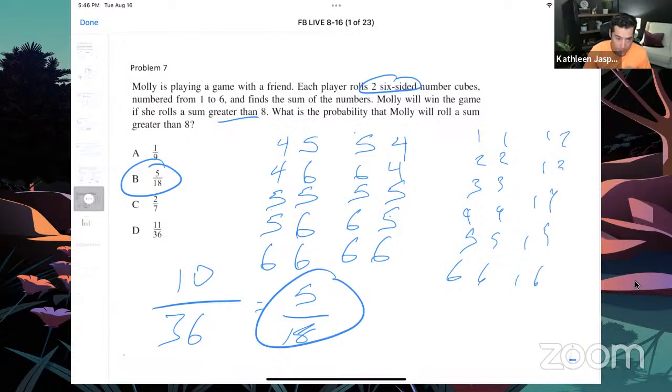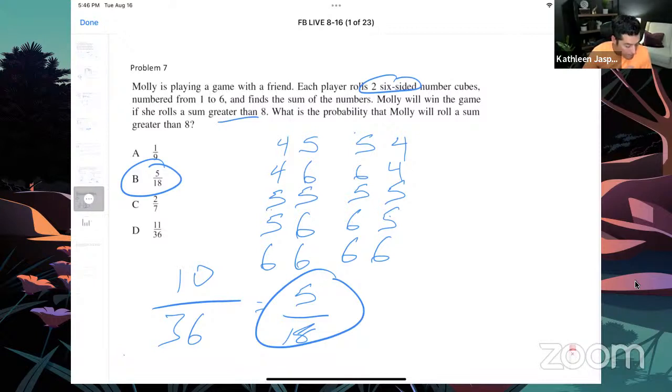If you really want to get into it, you can make all 36 combinations. You've got to understand that we're only using the ones that are greater than 8. 4 plus 5 is greater than 8. 4 plus 6 is greater than 8. 5, 5, and so on. You can't have any other combinations that are greater than 8, because that's what it's asking you. 3 and 6.